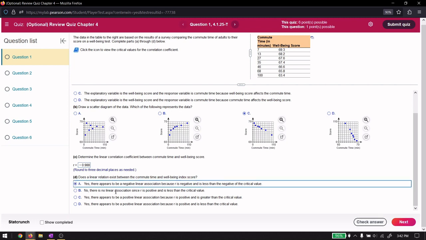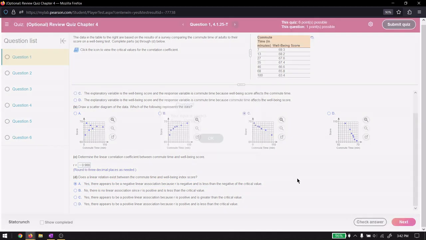It's not going to be positive linear, right? It's negative. So there's going to be a negative linear association. That does mean that it's linearly associated, but it's in the negative direction. So as the commute time increases, the score decreases. That's what the negative linear means. Let's check that. And that's correct.